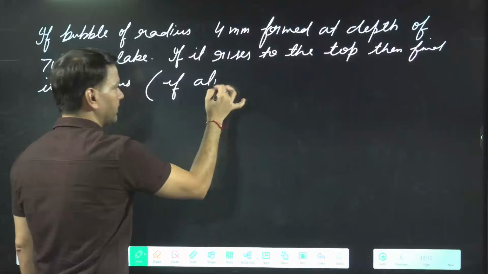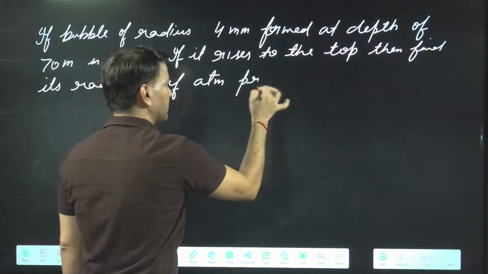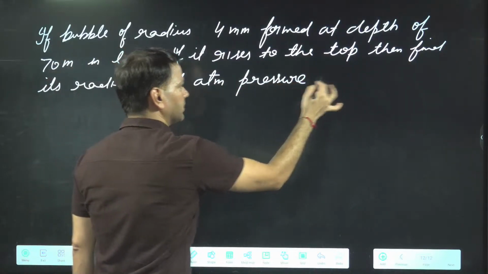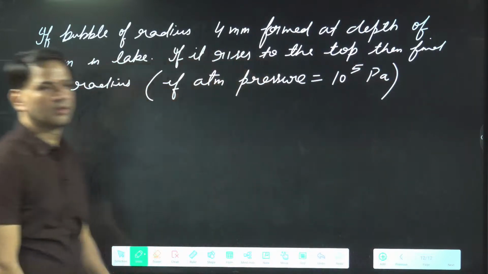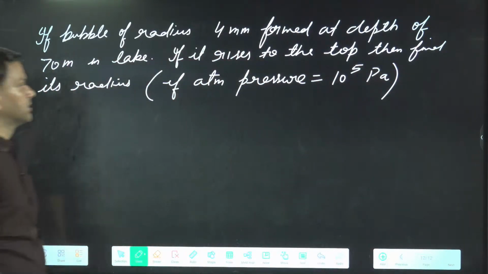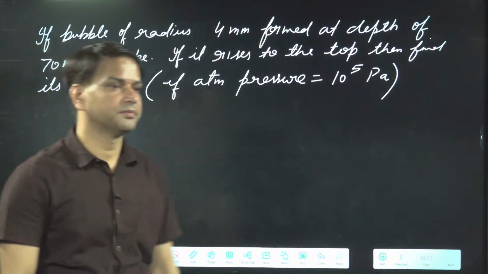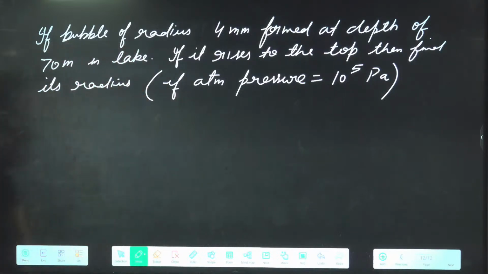If atmospheric pressure is equal to 10 to the power 5 Pascal. And density of the water you already know. A bubble of radius 4 millimeter formed at the depth of 70 meter in a lake.